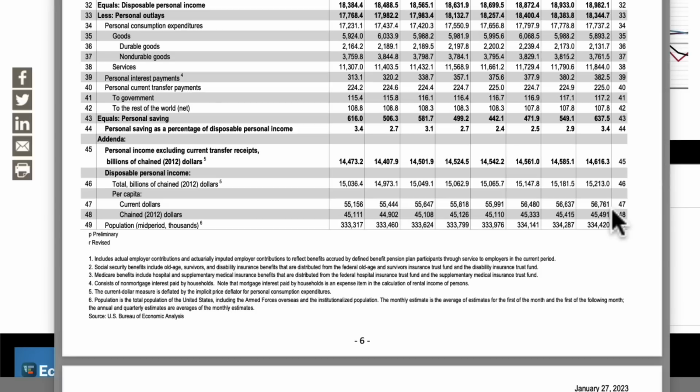Now, in case you think that's interesting, well, okay, that's a 2.03% increase in real purchasing power from our disposable income. But out of disposable income, look at your personal outlays. And in your personal outlays, look at line 39, personal interest payments. This is May, 313.